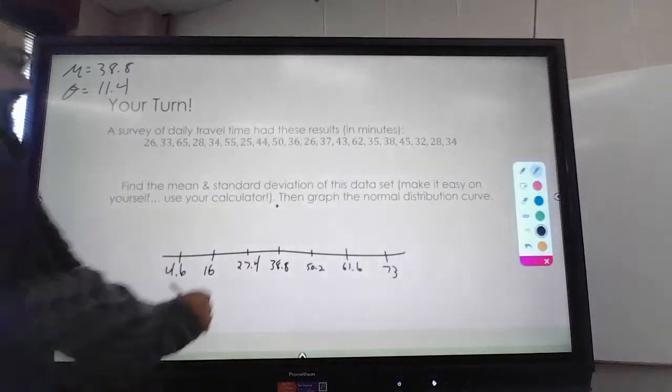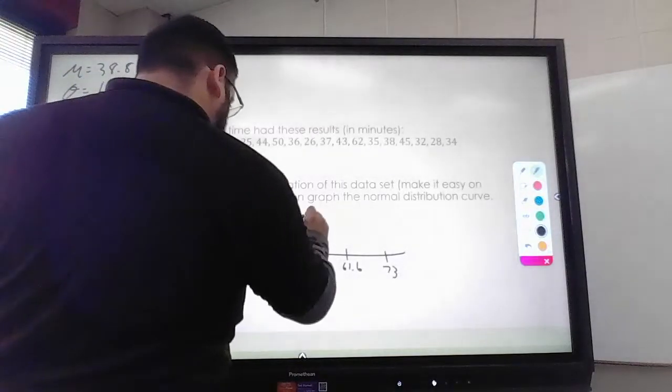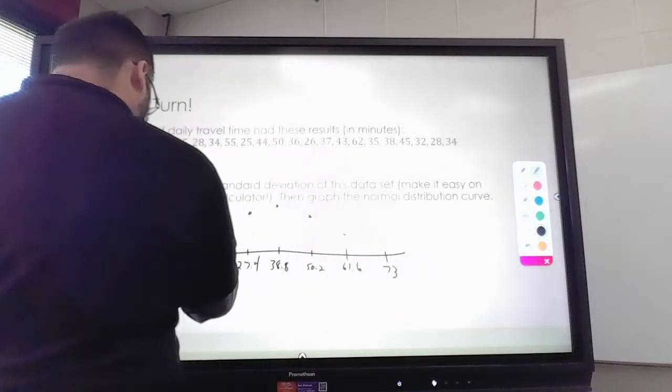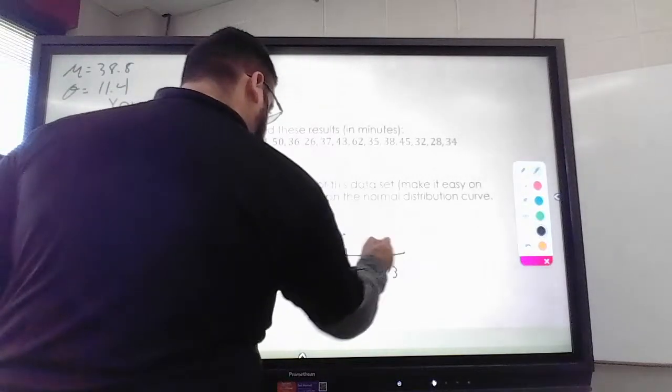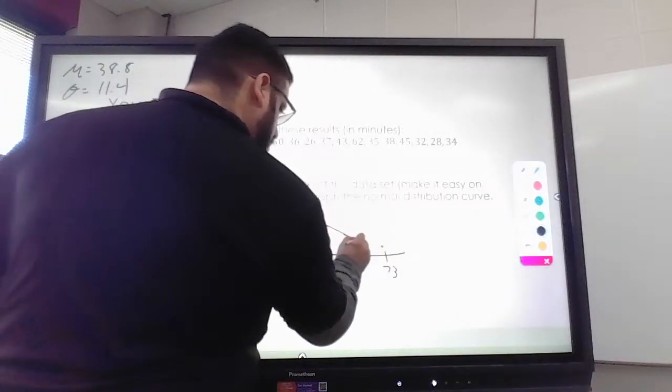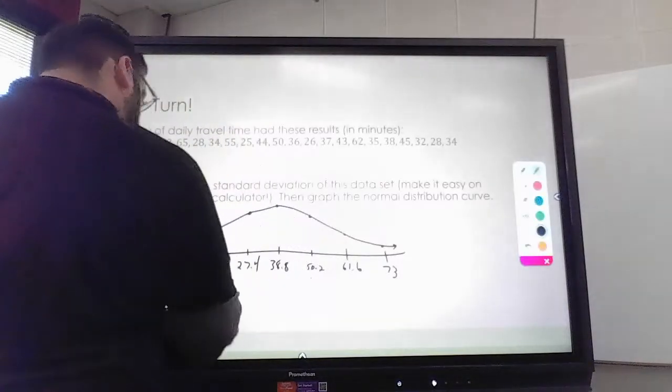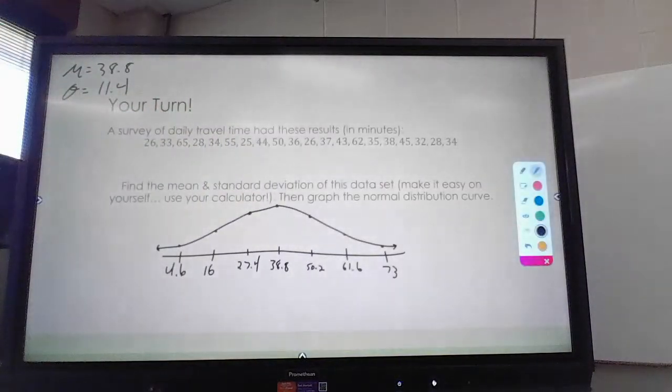4.6. Again, I'm going to draw out my points here on the curve, making sure that my data is nice and evenly distributed.